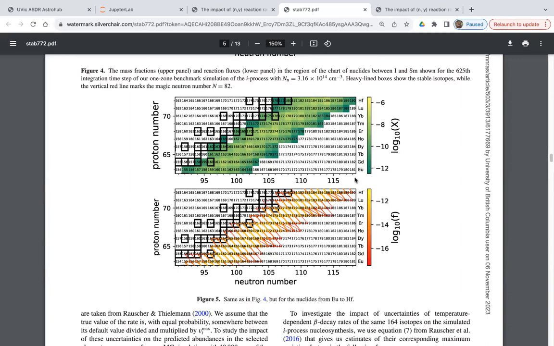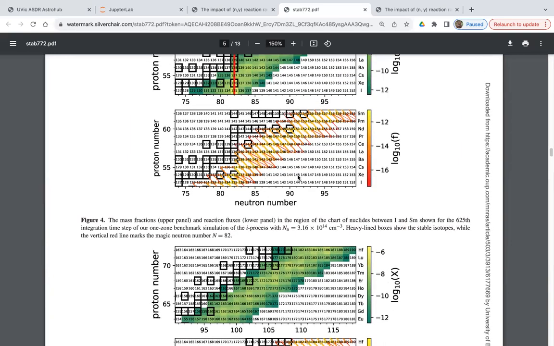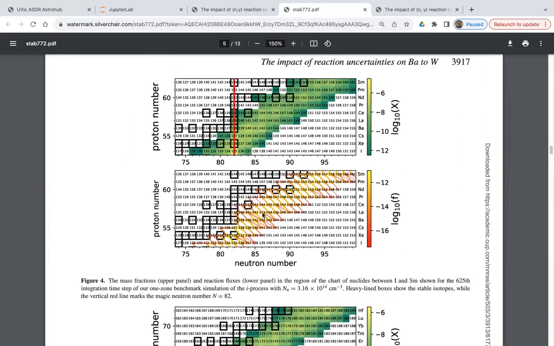We talk here about lanthanum, so I have to go here, lanthanum, and for lanthanum it's barium-139, this element. So variation of its neutron capture reaction rate bifurcates the i process path inside this band.